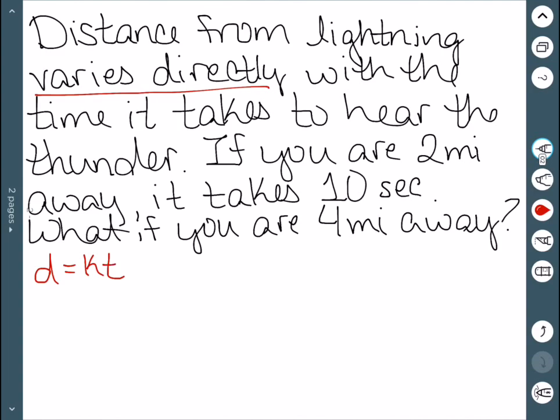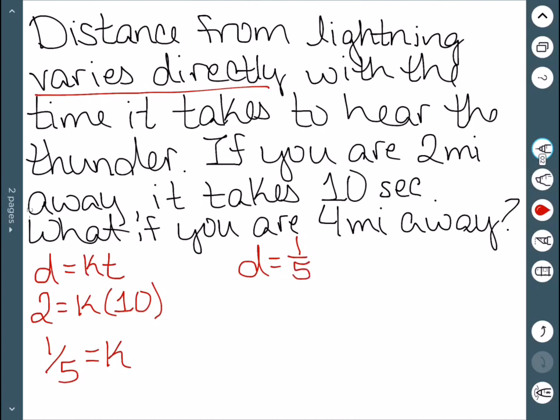We know that if we are 2 miles away, so d is 2, that t, the time it takes to hear, is 10 seconds. We can divide both sides by 10 to get that k is 1/5. So now I know k, and for this problem, it's not going to change.